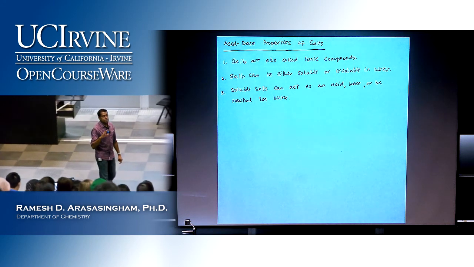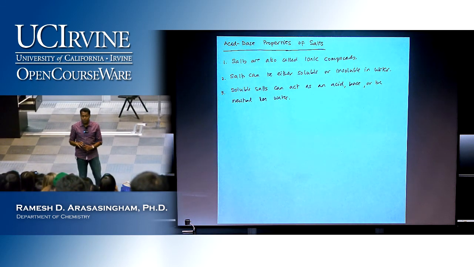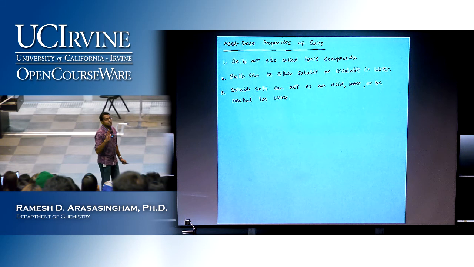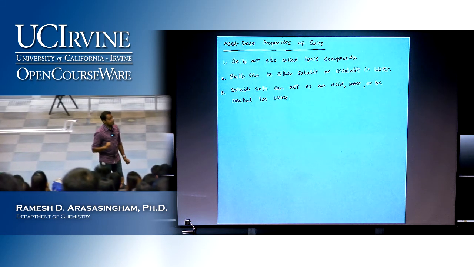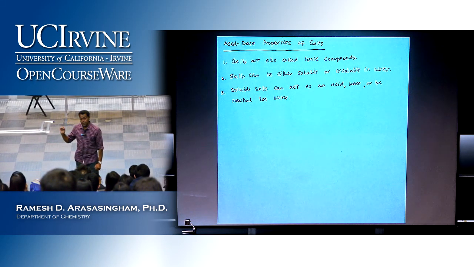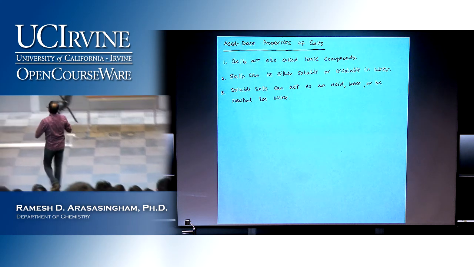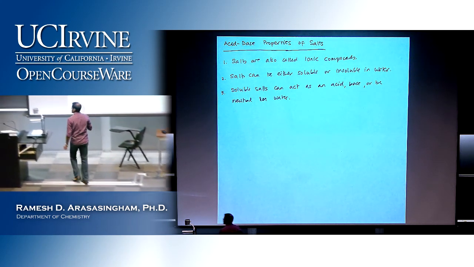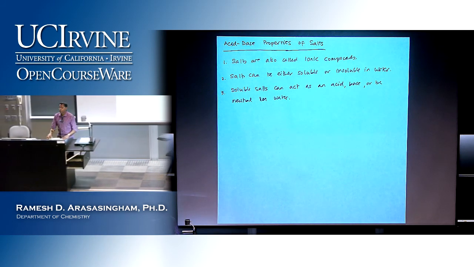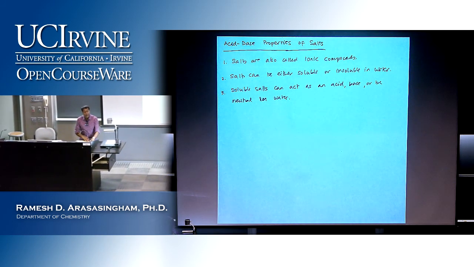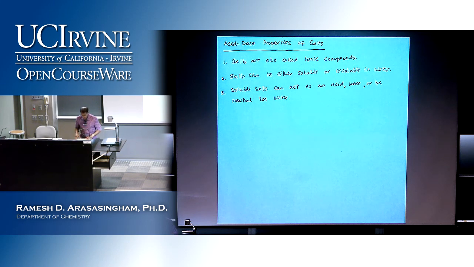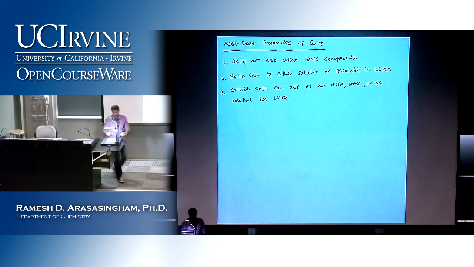You can have salts that are soluble and insoluble, but if you take the soluble salts, some can act as an acid, some can act as a base, and some can be neutral. So we're going to look at how you identify whether it's going to be an acid, base, or neutral. Okay?